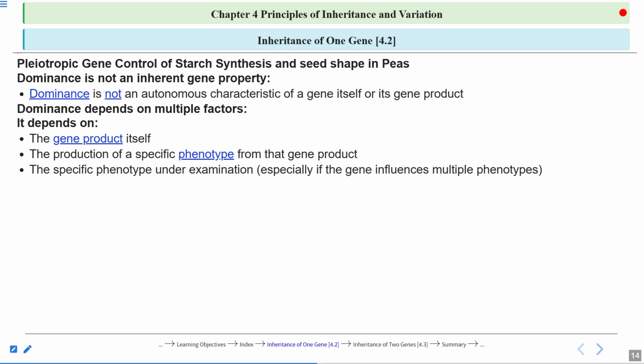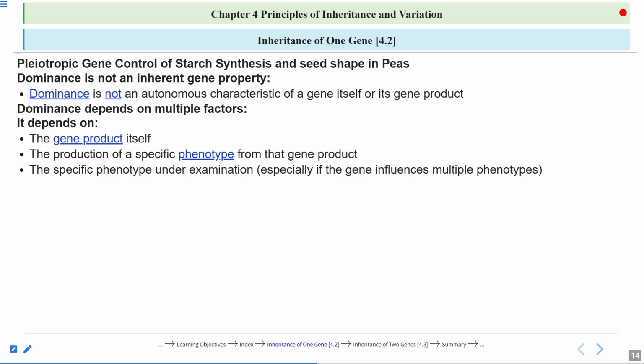So, what was the purpose of explaining this pleiotropy? Pleiotropic gene control of starch synthesis and seed shape in peas. The purpose of this experiment was to tell you, first of all, about pleiotropy and about what factors the dominance depends on.